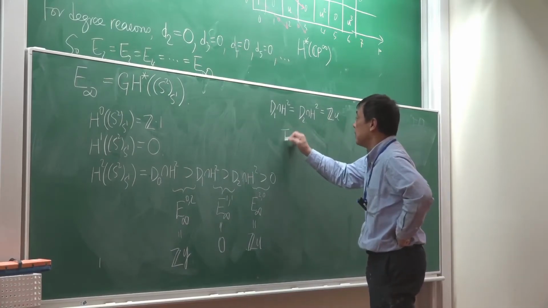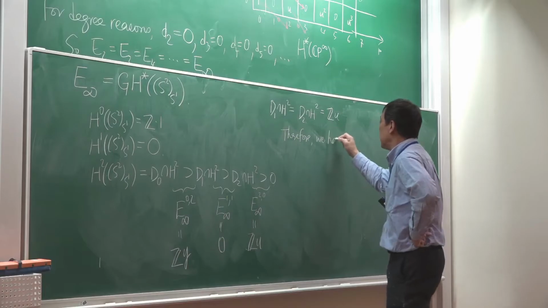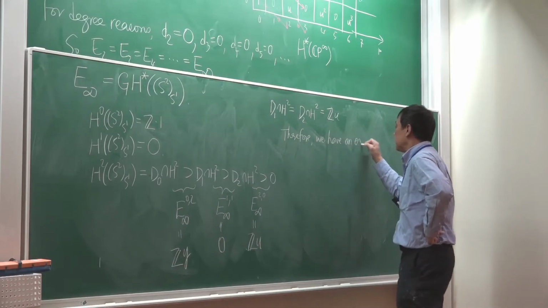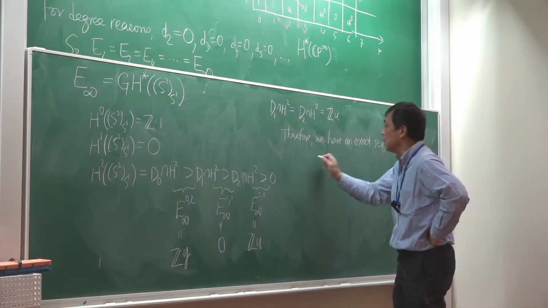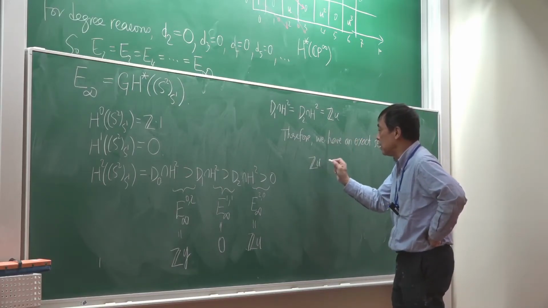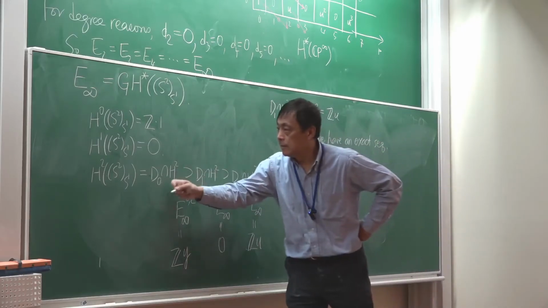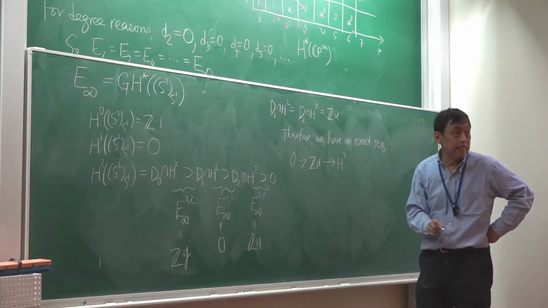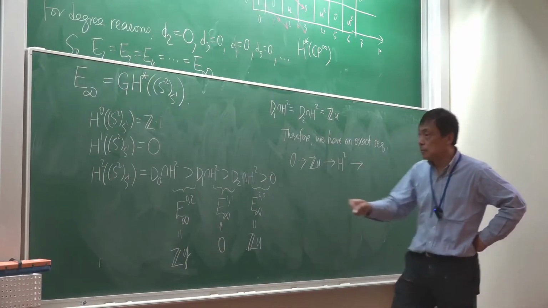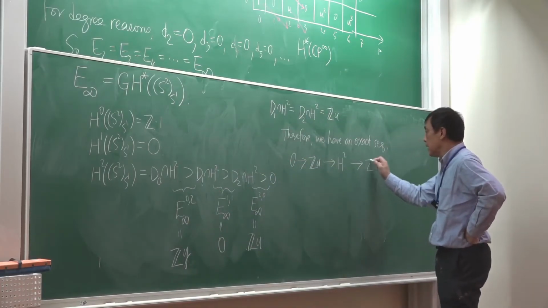And so therefore, we have an exact sequence: ZU is inside this. Okay, that's H2. And the quotient is this, ZY.